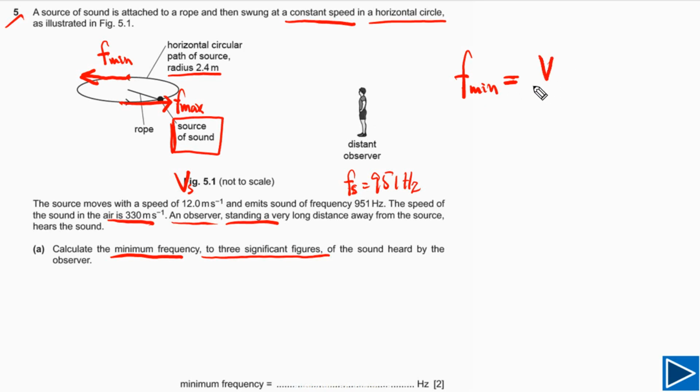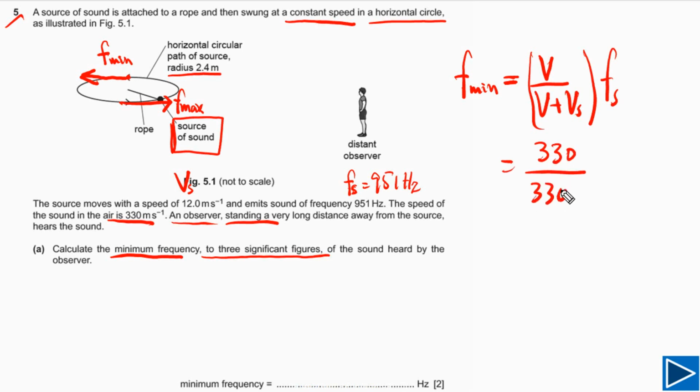So F minimum in this case will be equal to V over V plus Vs times the frequency of source. V is the speed of sound, which is given to us, and Vs is the speed of the source, that is equal to 12 meters per second, and the frequency of source is 950 hertz.